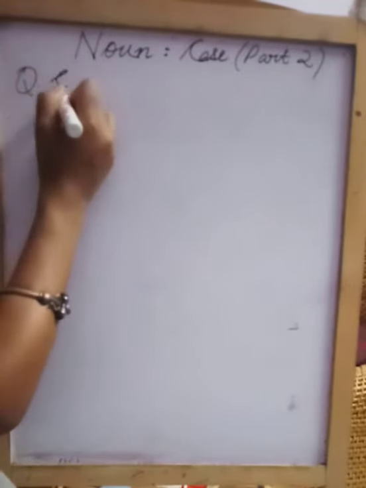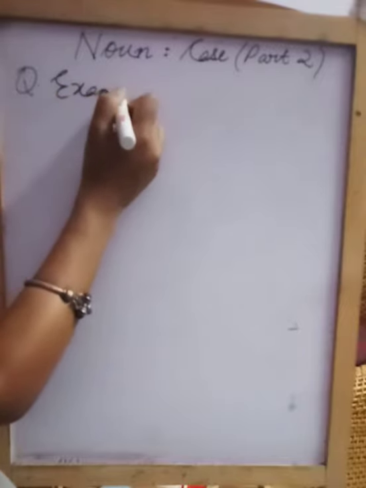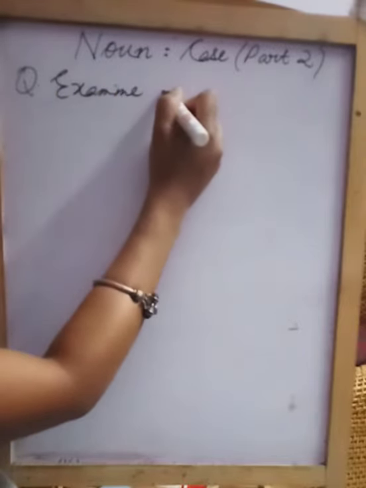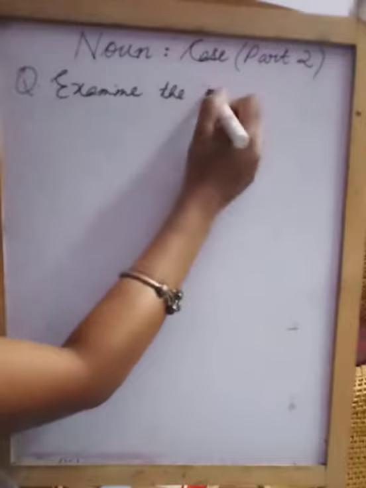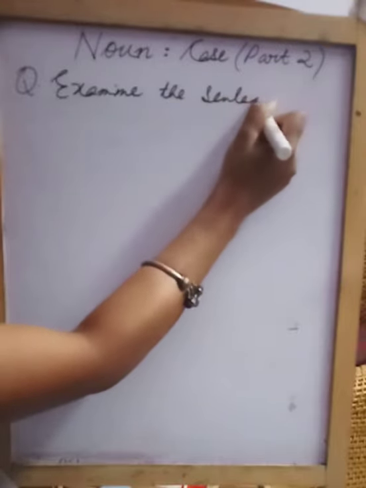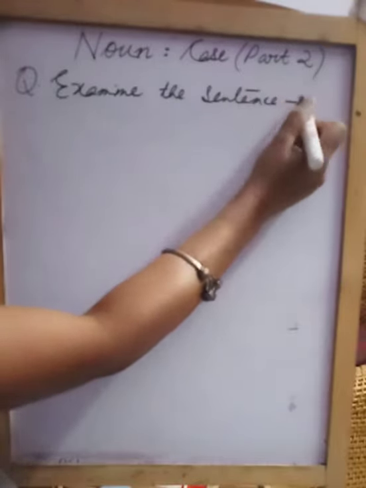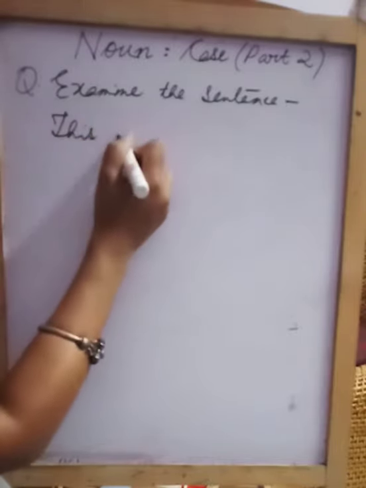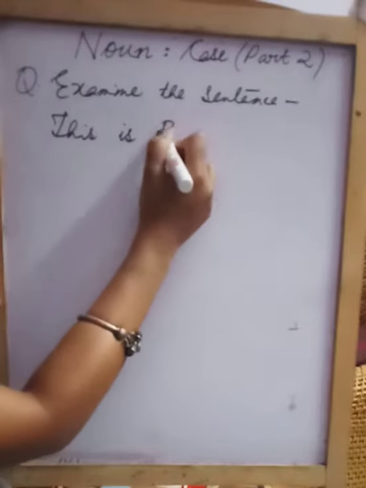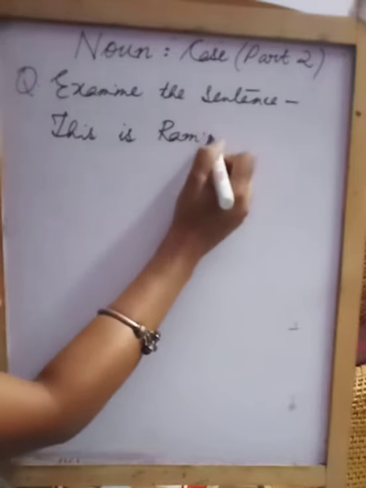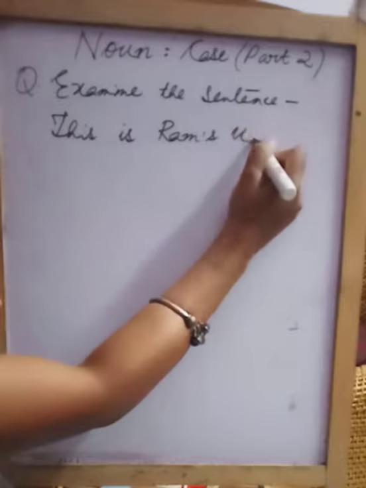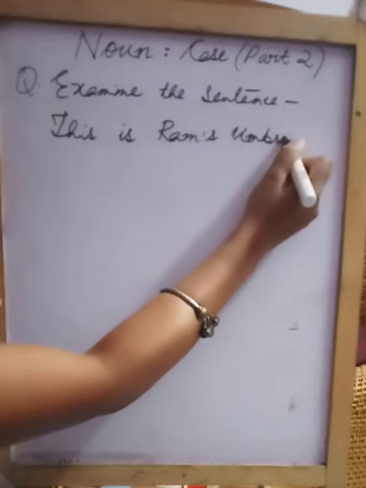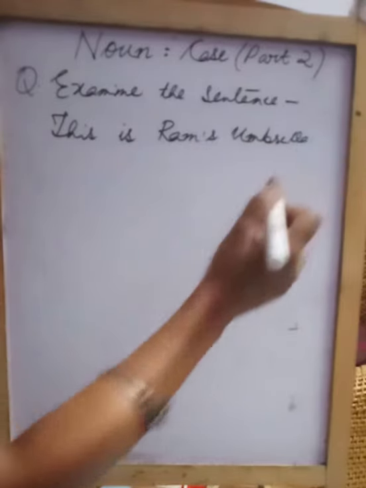Let's examine a sentence first, then we will understand and it will be clear. This is Ram's umbrella, right?